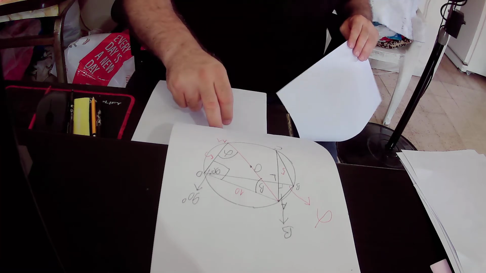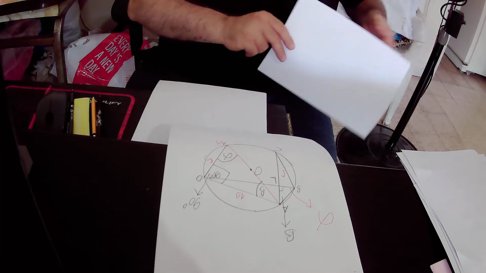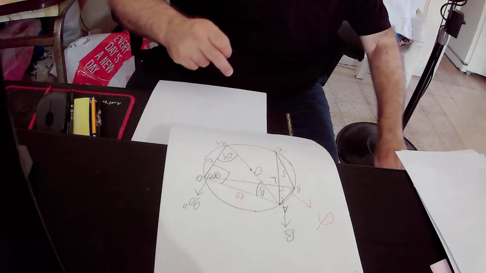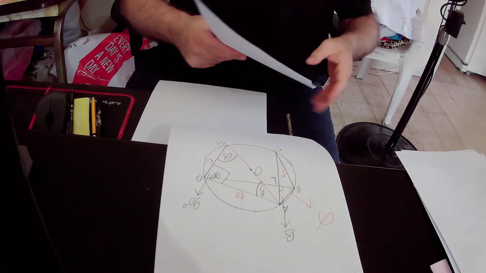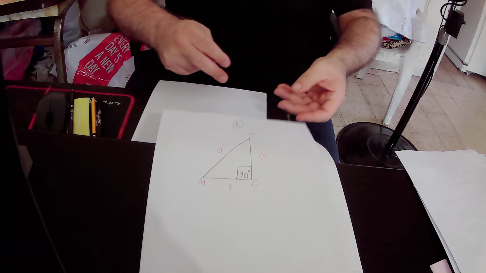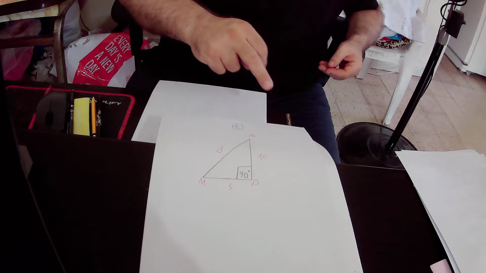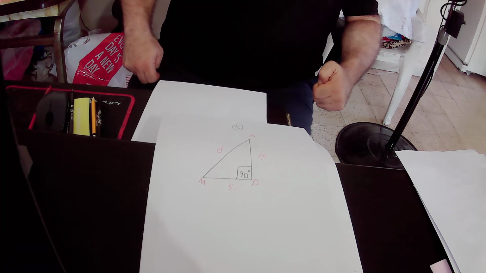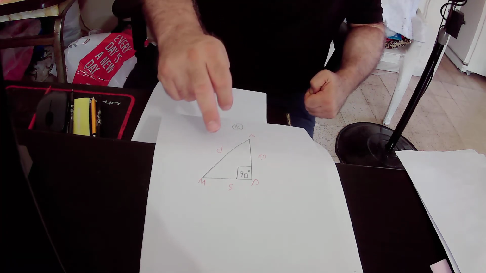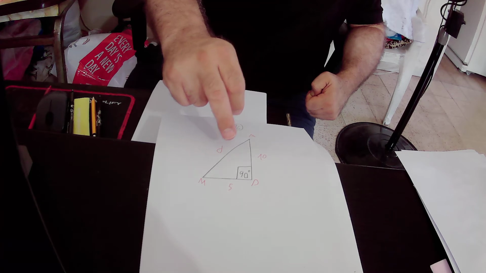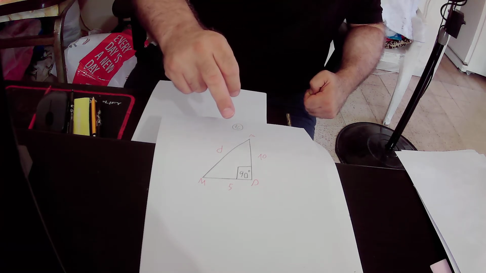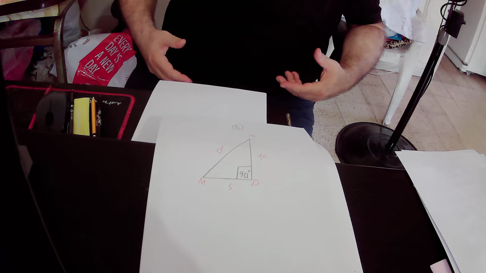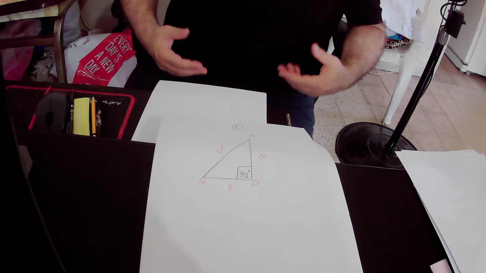Okay, so I draw the right triangle MAD again. We have side AD equals 10 units, side MD equals 5 units, and the hypotenuse of this right triangle equals the diameter of the circle, so I marked it as D, abbreviation for diameter.